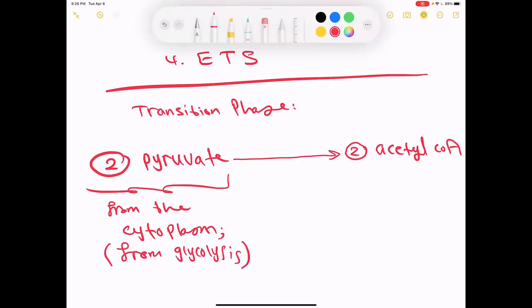All right. At the same time, you need 2 molecules of coenzyme A. They are going in, coming from food. In this reaction, 2 CO2 are being released.